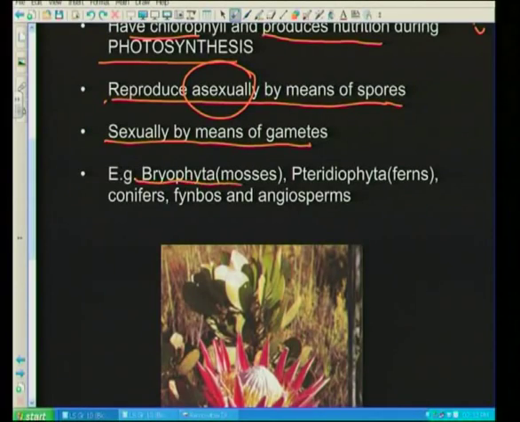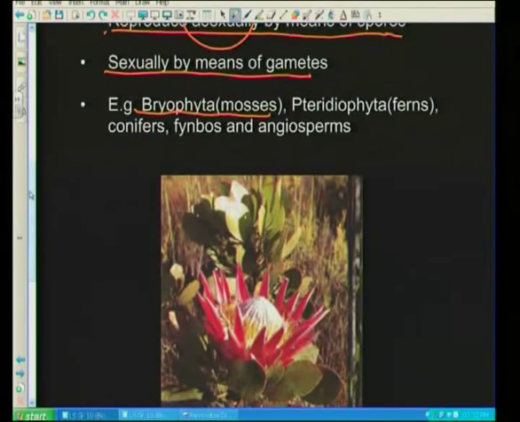Examples of plants are mosses, that is your fine carpet-like structures found near the tap or in a shaded place near the building. Your ferns, which belong to the phylum Pteridophyta, your conifers, which are your cone-bearing plants, the fynbos that we spoke about earlier, which is found in Cape Town, on the Western Cape, on Table Mountain, and your angiosperms.